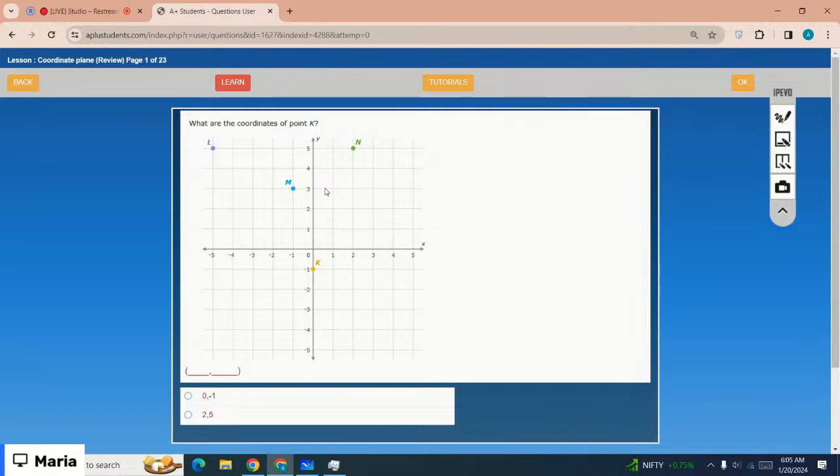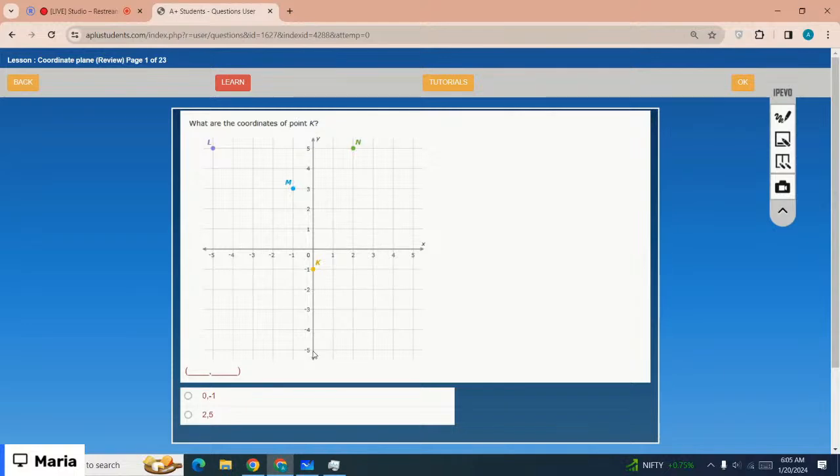What are the coordinates of the point K? So which is the correct option? Here is K, right? You can see here that point K is on the y-axis, so all the x values on this line are exactly 0.